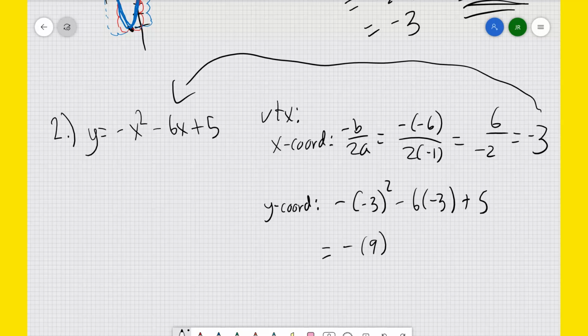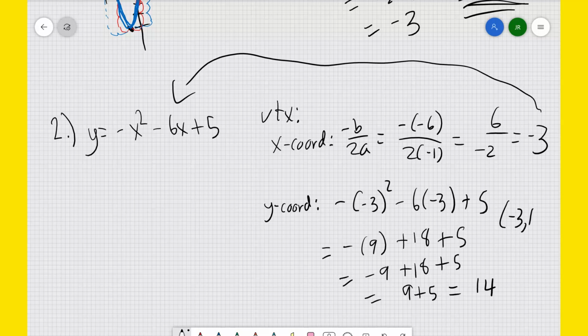Negative 6 times negative 3 is positive 18, plus 5. So that's negative 9 plus 18 plus 5, which is 9 plus 5, which is 14. So my vertex is negative 3, 14. That's my vertex. All right, let me graph this.